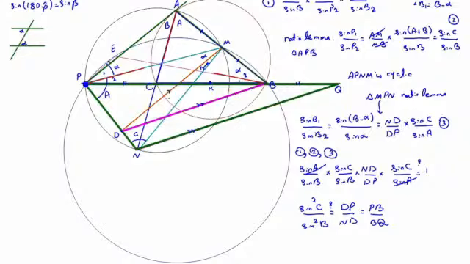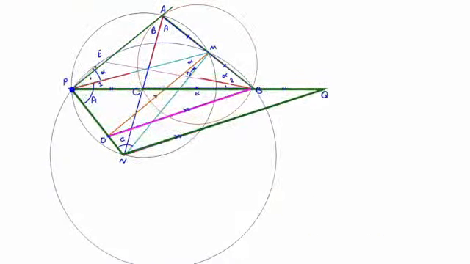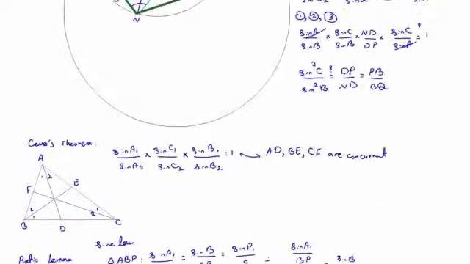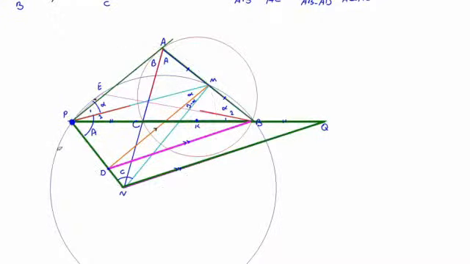So when you see something like this, try to erase all things that you don't need. Here in this part, we want to prove only what? PB over BQ. So the only things we need are P and Q. We don't need this triangle. We need only this circumcircle. We don't need this.